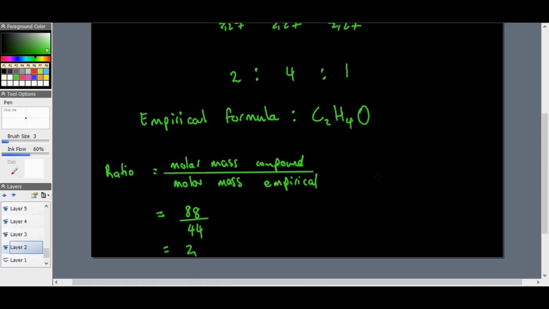Therefore the molecular formula is going to equal this entire empirical formula multiplied by 2. So it's going to be C4H8O2. And that's the molecular formula of methyl propanoate.